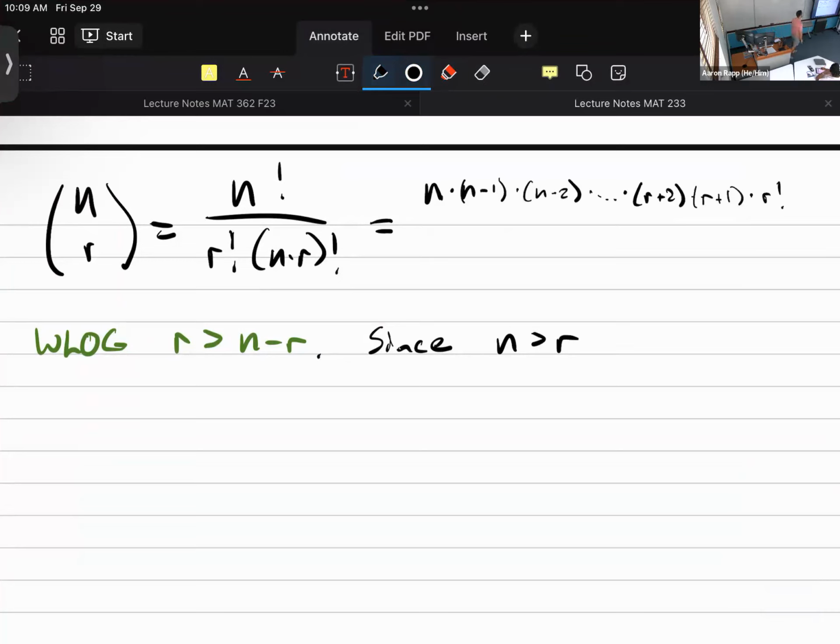Because we saw even in, let's say, 5 factorial, that's the same thing as 5 times 4 factorial, or 5 times 4 times 3 factorial, right? So then I'll have that r factorial cancel out.